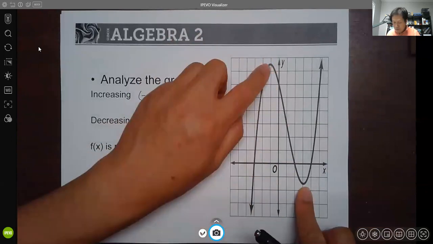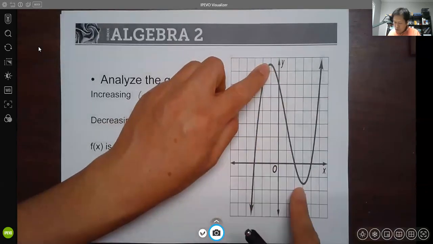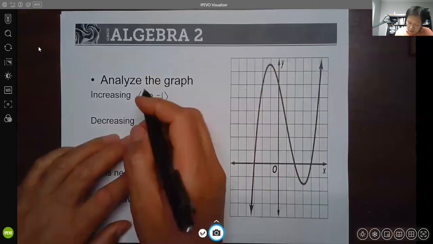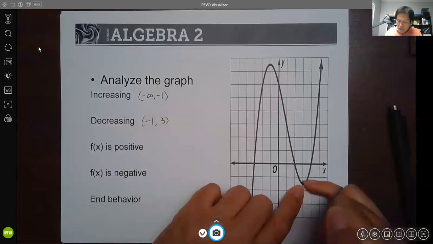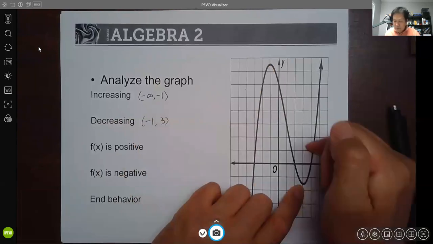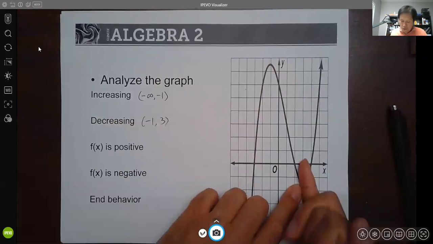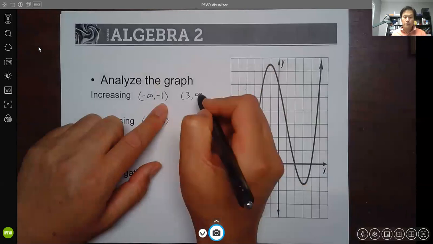I would say decreasing from minus 1 to 3. Minus 1 to 3 decreases. Okay, now it starts going up, increasing from x value 3 through forever. 3 to infinity is increasing, and union that.